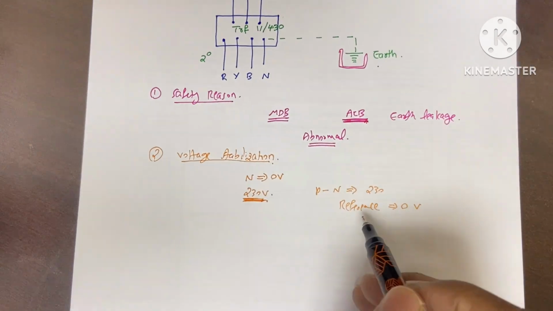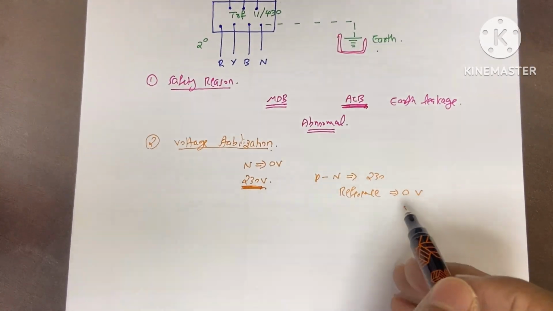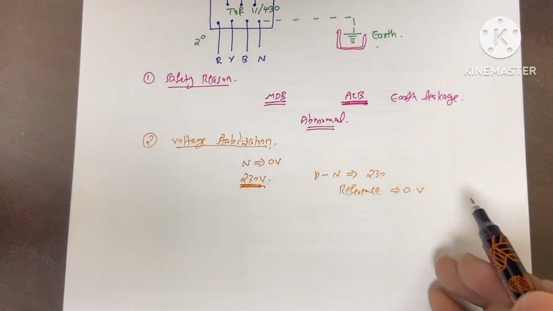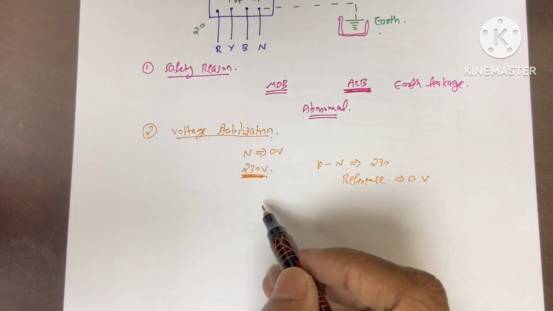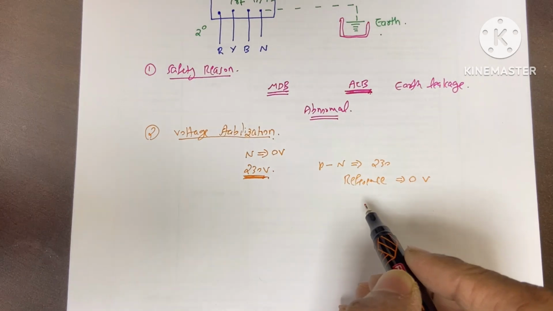And I already told you, if the neutral is not earthed, then any one of the three phases would rise abnormally. At that time, the insulation of the sensitive equipment on our system would fail.